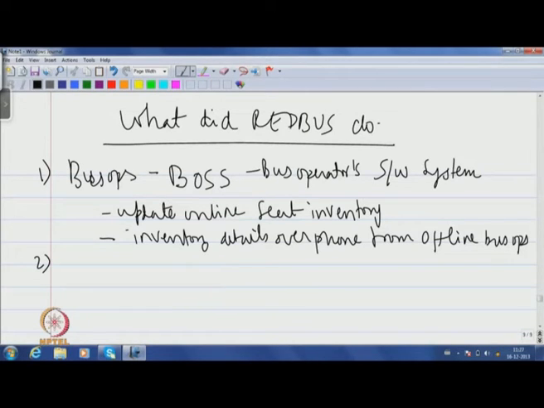The second thing: when you make such a change on the bus operator side, there is a similar major change for the travelers or passengers. They built a very robust website, redbus.in, an online service.